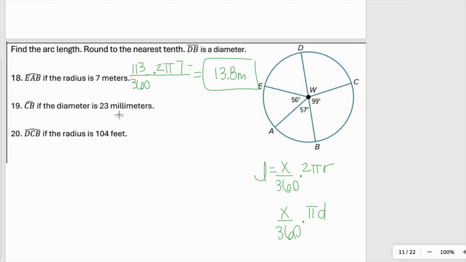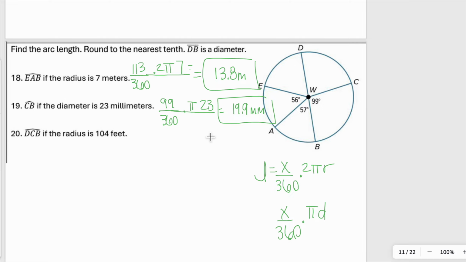CB, if the diameter is 23 millimeters, and CB is 99 degrees, so 99 out of 360 times pi times 23. Again, just multiplying all my numbers on top and then dividing by 360 at the end. I'm getting 19.9 millimeters. And then DCB, if the radius is 104.